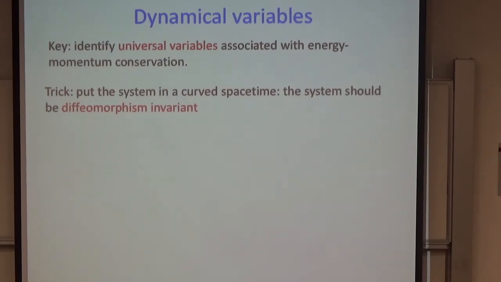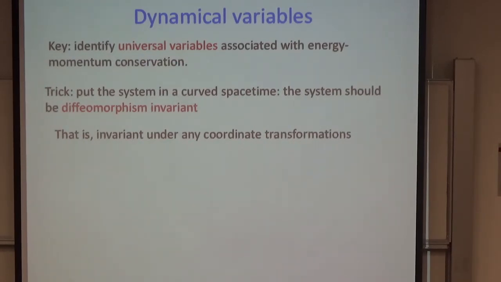What this means is that the physics should not change under any coordinate transformation, because of energy momentum conservation. This is a smoking gun of energy momentum conservation: coordinate invariance.